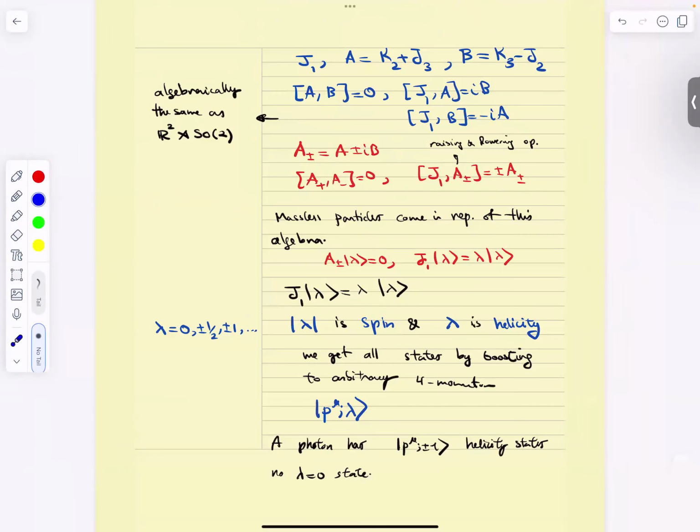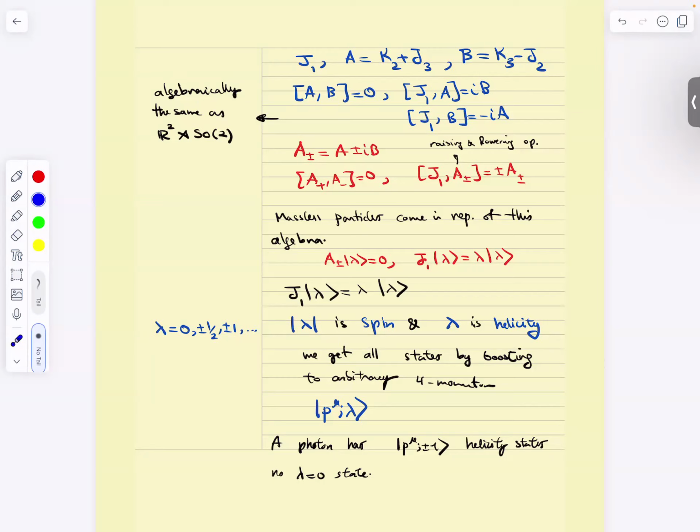Massless particles, we are labeling them with P mu and lambda. Helicity, yes. Helicity and P mu. For a massive spin one particle, the helicity is +1, minus 1, not 0. Some of these are removed. For a spin half, you have plus half, minus half. For spin 1, it would be just +1 minus 1, no 0.